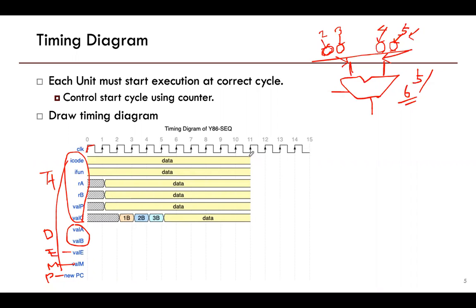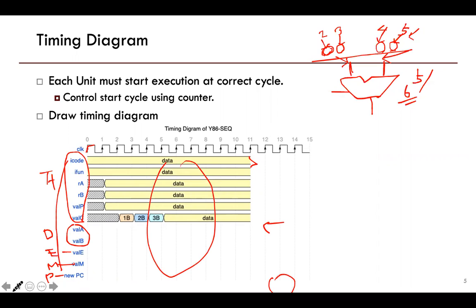For example, if it is available until cycle 11, then the new cycle for the next instruction will start at the 12th cycle, and this whole thing will repeat after the 12th cycle. That's what you have to figure out.